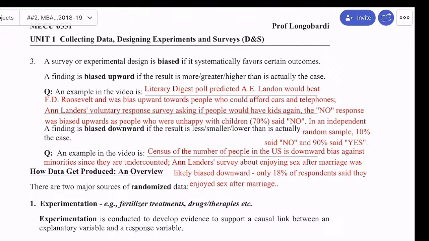So I present some examples in the video. Why don't you guys tell me in the chat if you remember examples of upward bias, or you have confusion about upward bias.